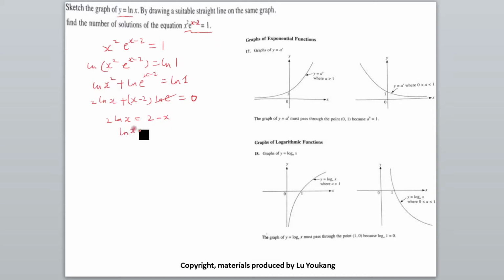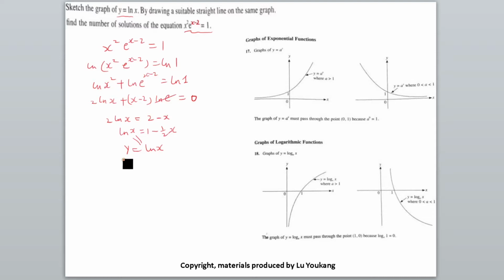And you get 2 minus x on the other side. So ln x is equal to 1 minus half x. And we are given y is equal to ln x. Right? So ln x is also equal to 1 minus half x.